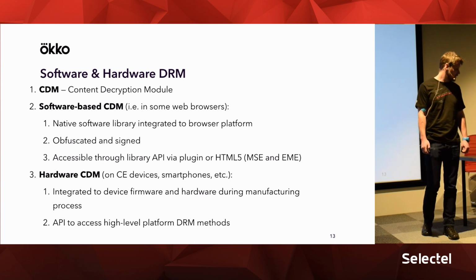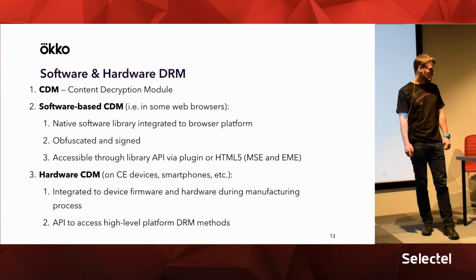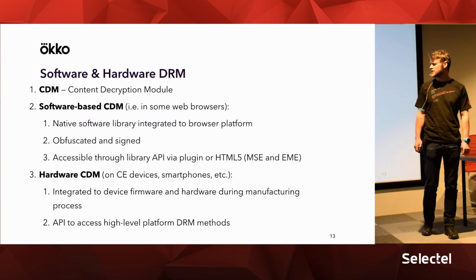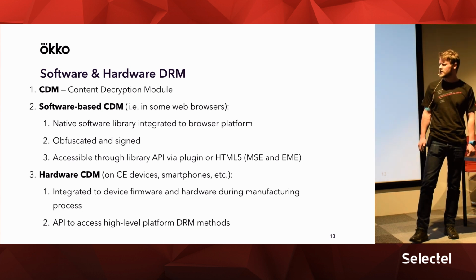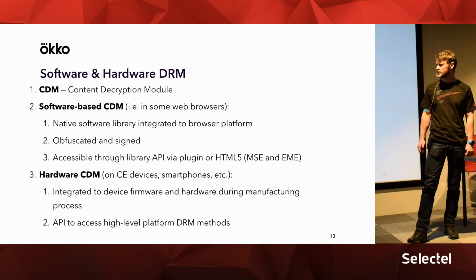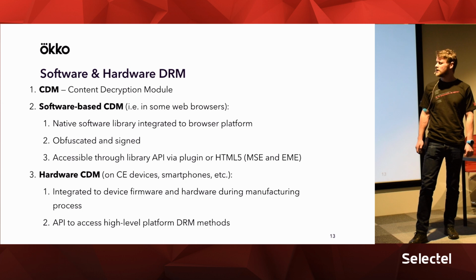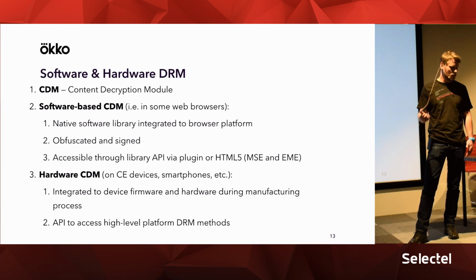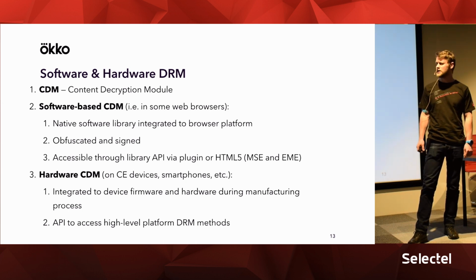And if you have a hardware content decryption module, it means that this secure place is integrated in the firmware during the manufacturing process. After that you have some kind of API that gives you the ability to get these keys from the trusted execution environment.